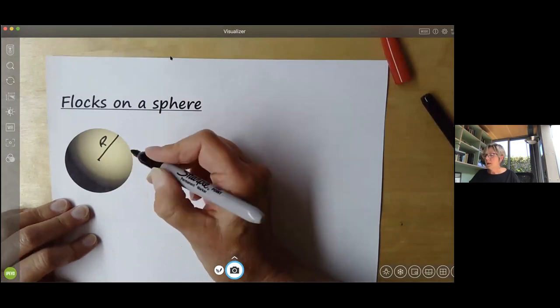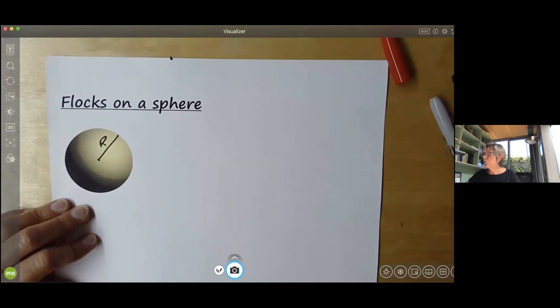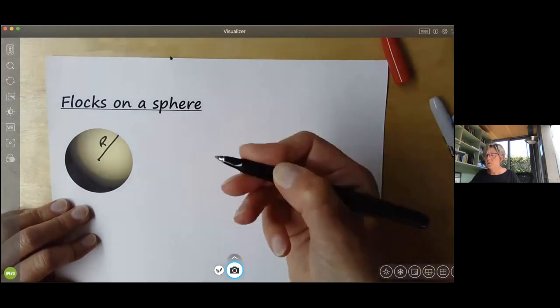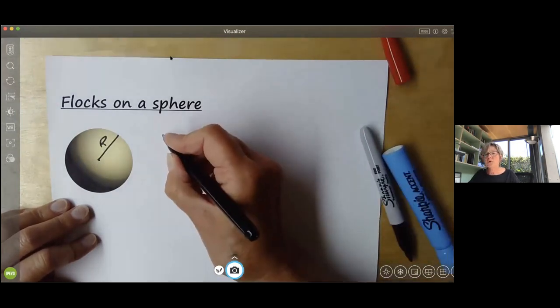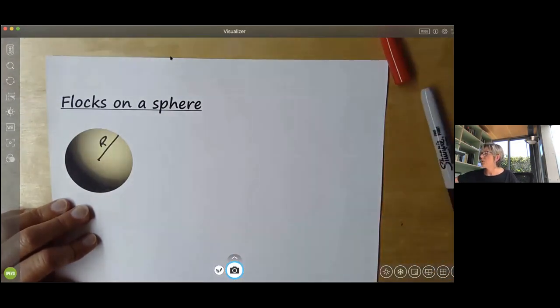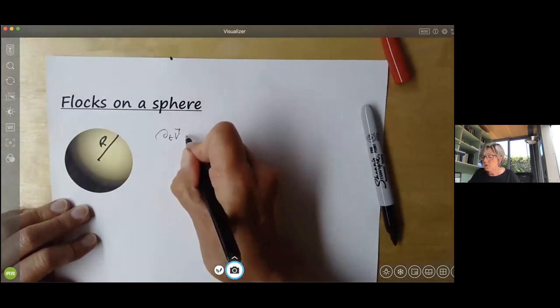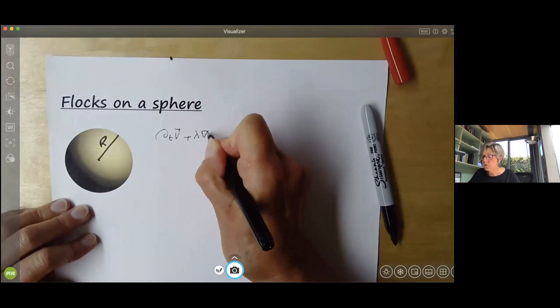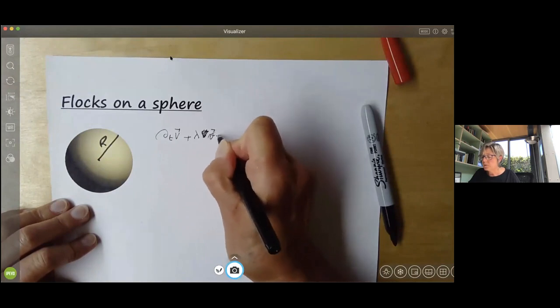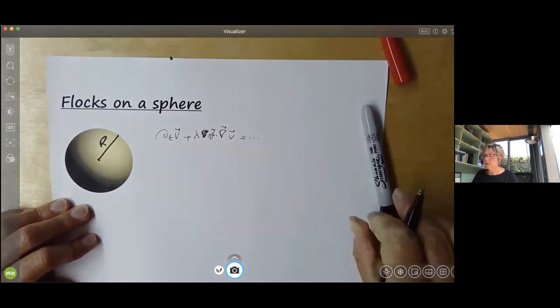Now, the first thing that happens is that if you look back at these equations, called the Toner-Tu equations, these hydrodynamic equations on the surface of a sphere, remember there were various terms. The first one was an advective term, and then other things on the other side of the equation.